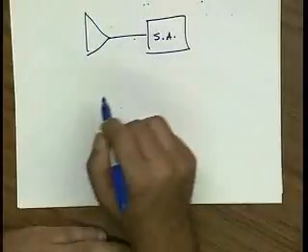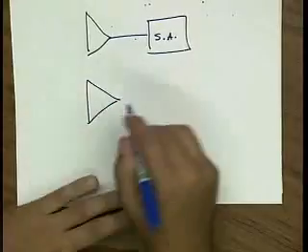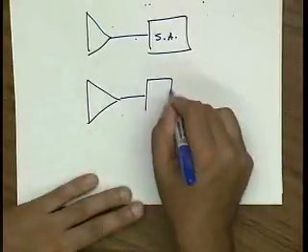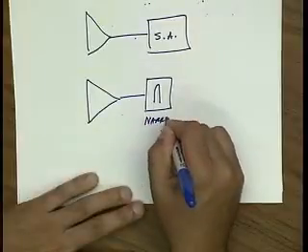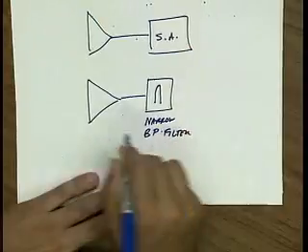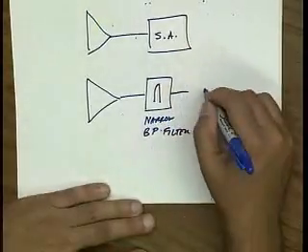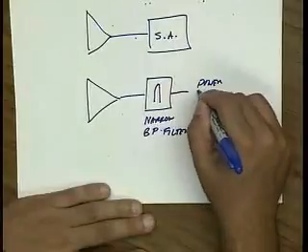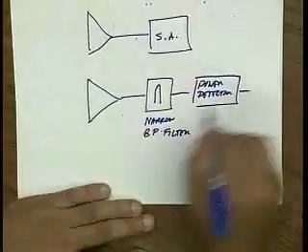So you can think of a spectrum analyzer as taking the output of the amplifier, applying a very narrow bandpass filter, let's say with sub-hertz kind of resolution, and then going into a power detector and then plotting the results.